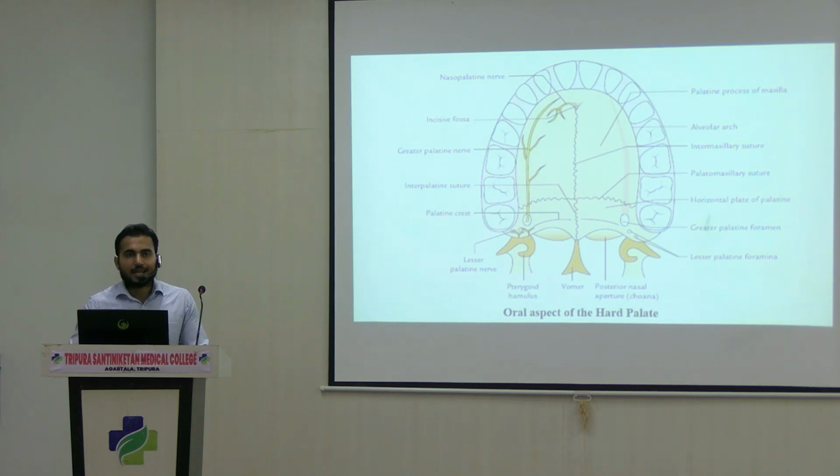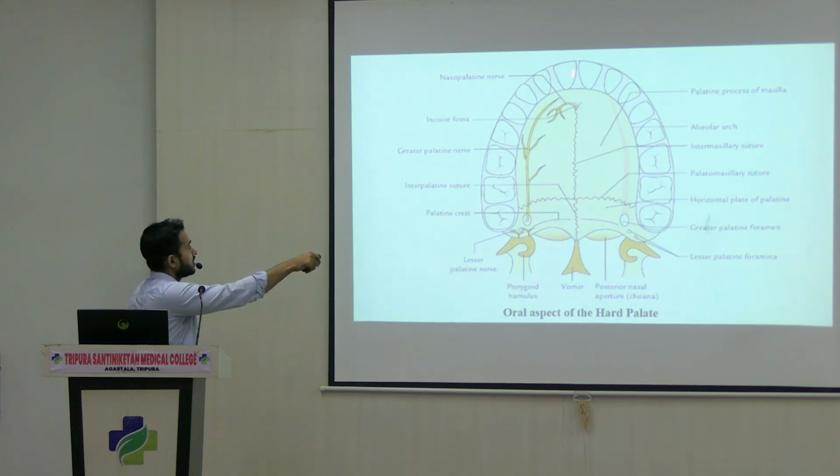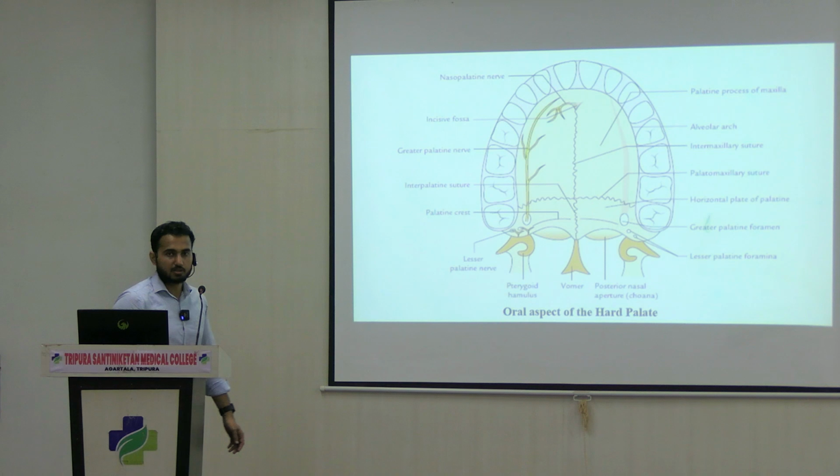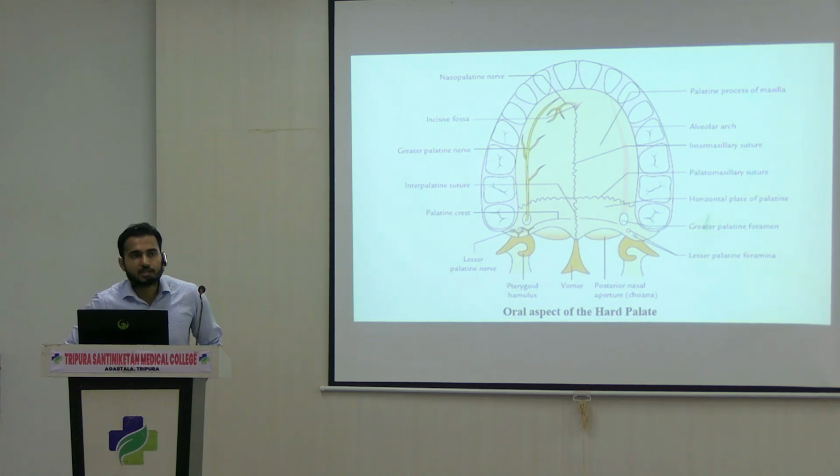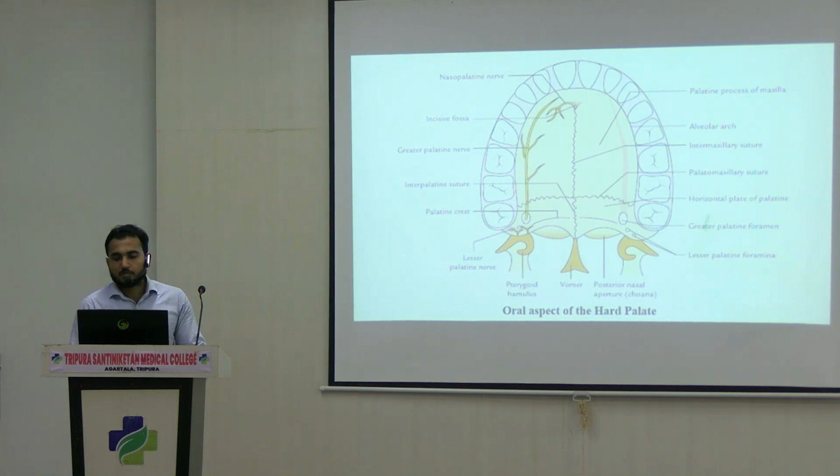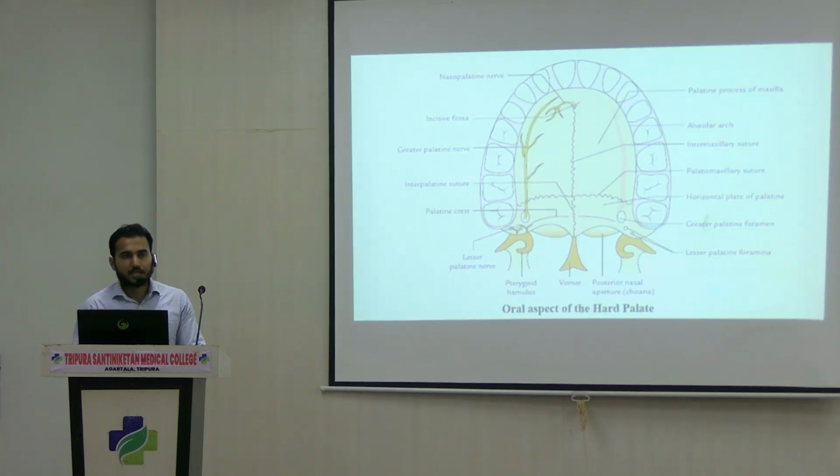Now, if you see anterolaterally, which part is anterior and which part is posterior? What is on top? Anterior. So this is the anterior aspect, this is the posterior aspect. So anterolaterally it is continuous with what? It becomes continuous with the alveolar arches and the gum.